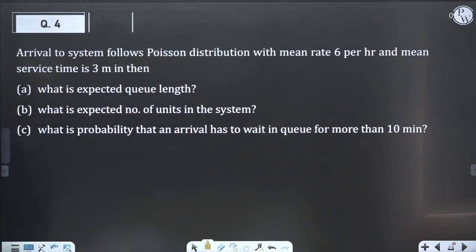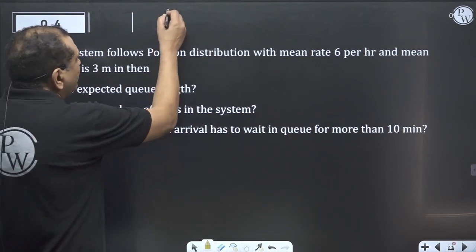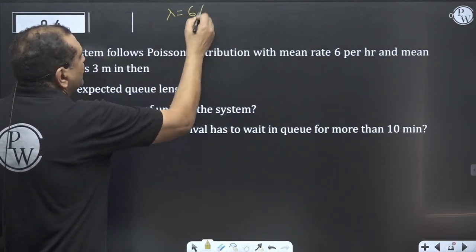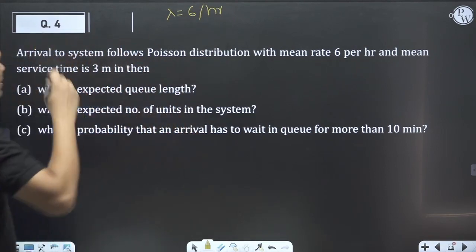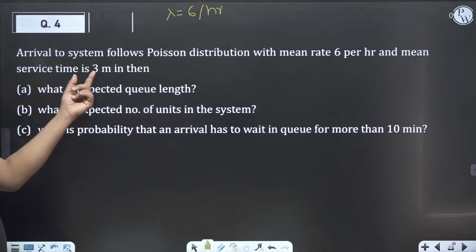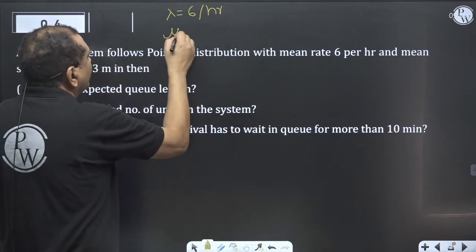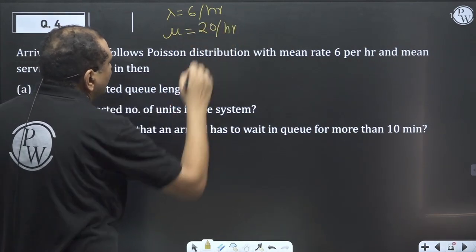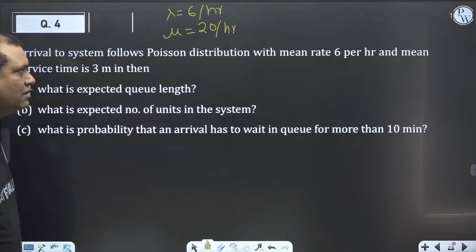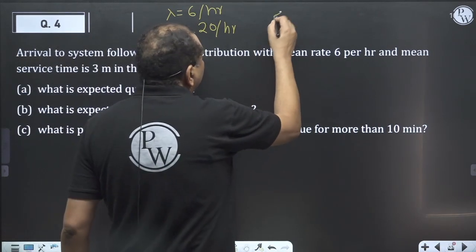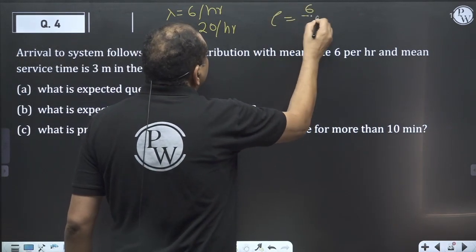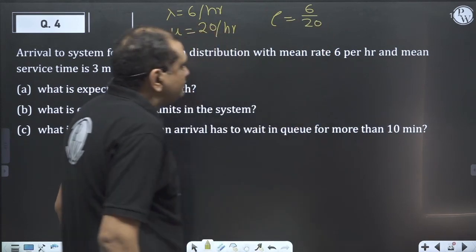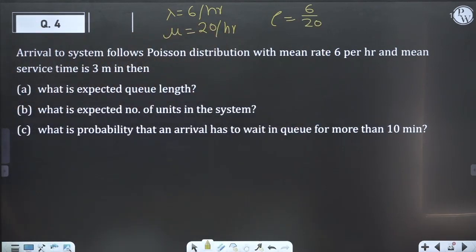Arrival to system follows a Poisson distribution with a mean rate of 6 per hour, and the mean service time is 3 minutes. 3 minutes means 20 per hour, because the unit has to be the same. Traffic intensity is 6 divided by 20. Then what is the expected queue length?